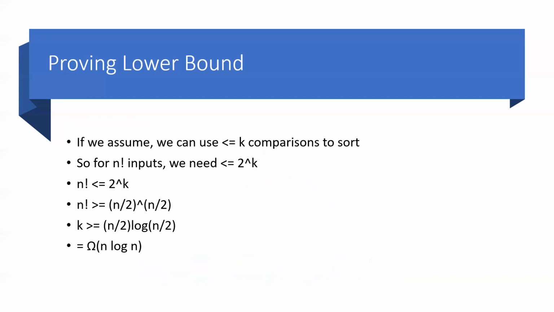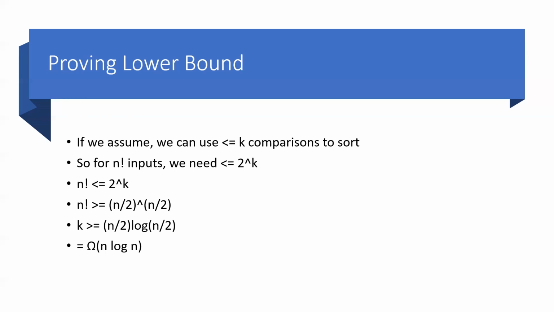So we can assume that we could use some number less than or equal to k comparisons to sort the array. If we do so for n factorial inputs, we would need n factorial to be less than or equal to 2 to the power of k, since k is the number of comparisons we need to sort, and we can only compare two numbers at a time.